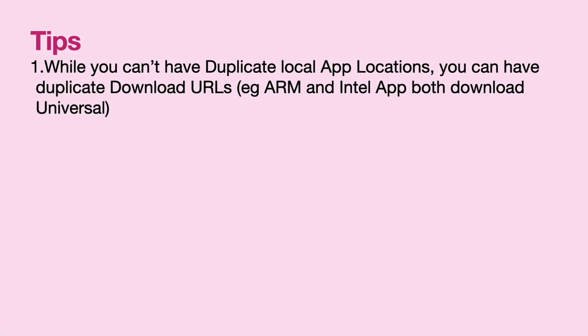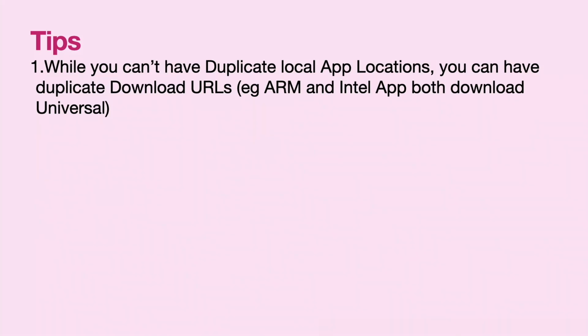So for example, if you did originally provide an ARM version and an Intel version of your application, and this is on a Mac, there's no reason why you can't keep those applications there and instead point the download URL to the universal version. So you could, if you wanted, move people, whatever they're on, onto the universal version of your application.